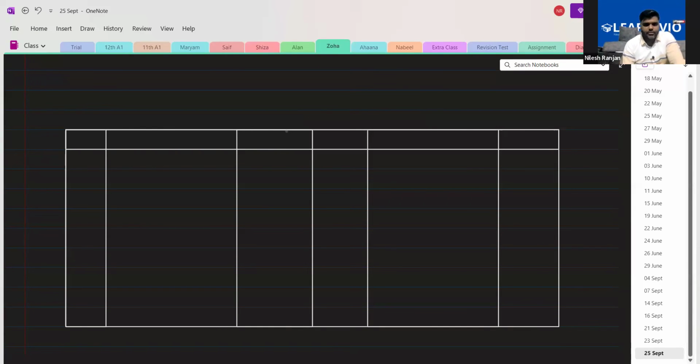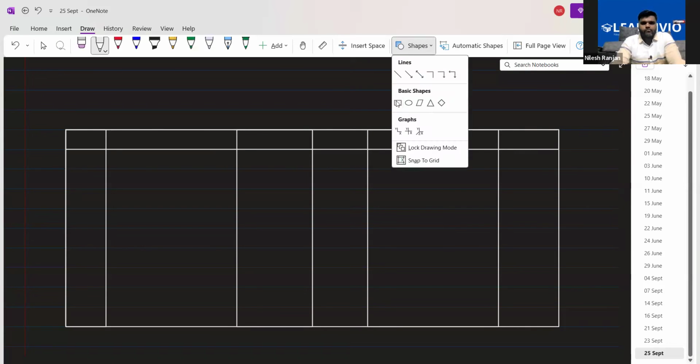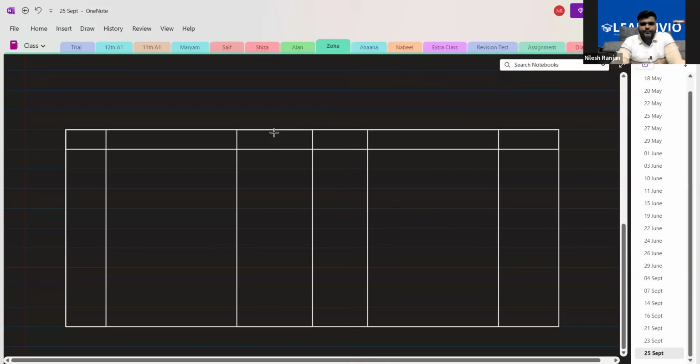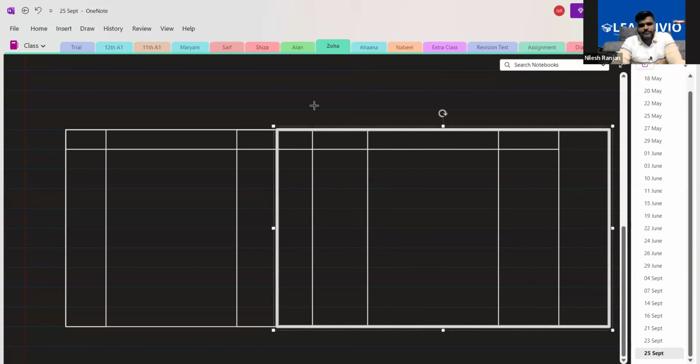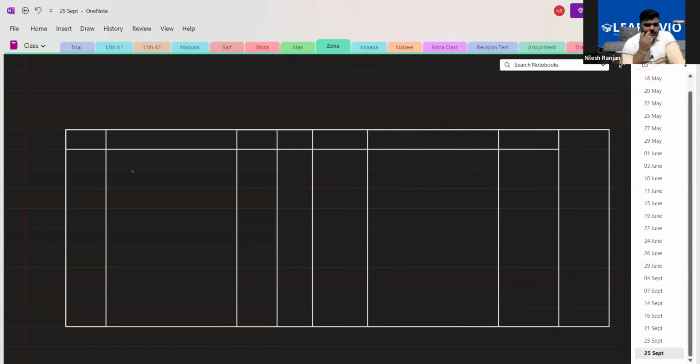There will be one more amount column. It will be very small.